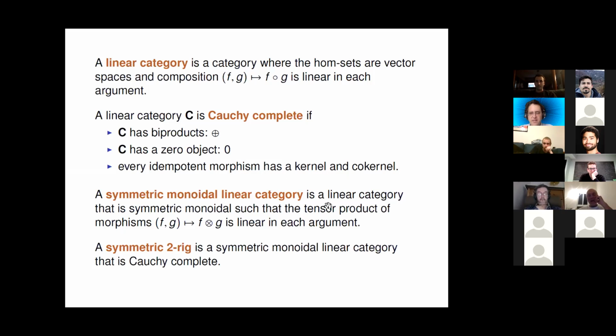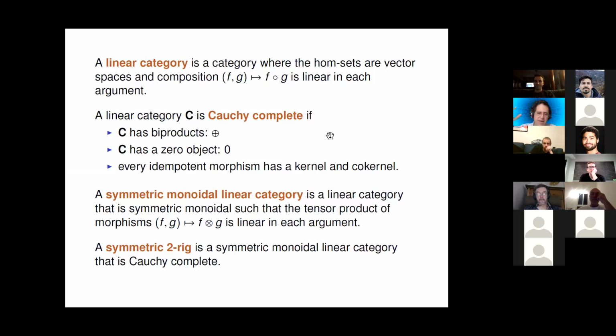Yeah. That's great, thanks. And then the other thing that I was going to ask is, rigs don't form a two-rig. The collection of all rigs isn't going to form a two-rig because of the linearity. Is that right? Yeah, that sounds right. Yes, I mean, I'm using a ground field of the complex numbers whenever I say linear here.